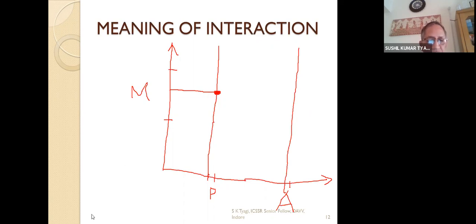Mean of science is 9. So we represent the mean of science by a different kind of point. So this is the mean of non-science students, 8, and this is the mean of science students, 9.